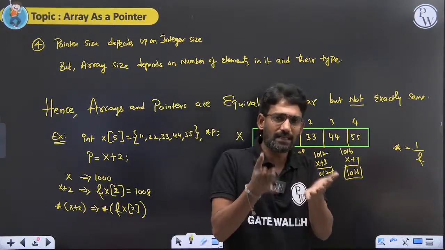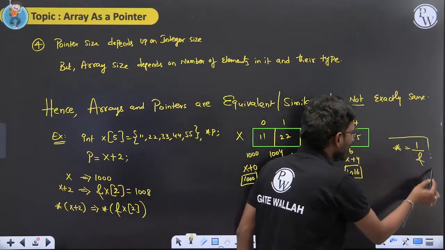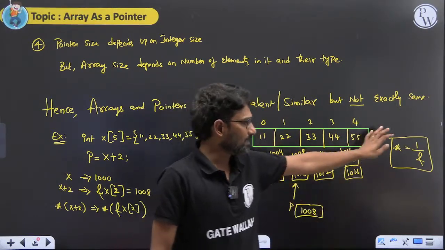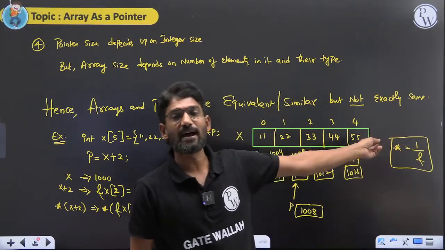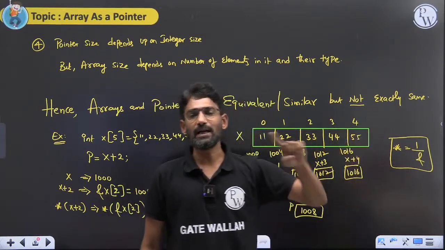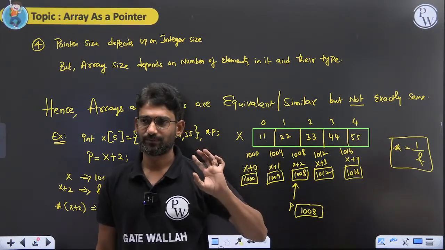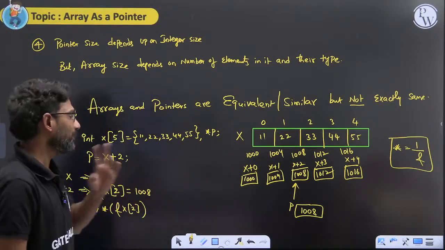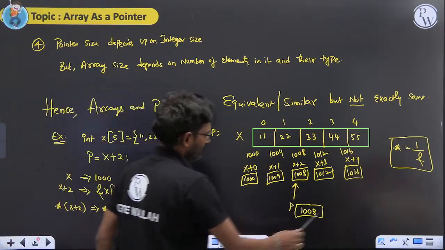But just for understanding, I can say these are complementary in meaning, because star gives you the meaning value at address, and ampersand gives you the meaning address of value. So they are like complementary just in meaning.